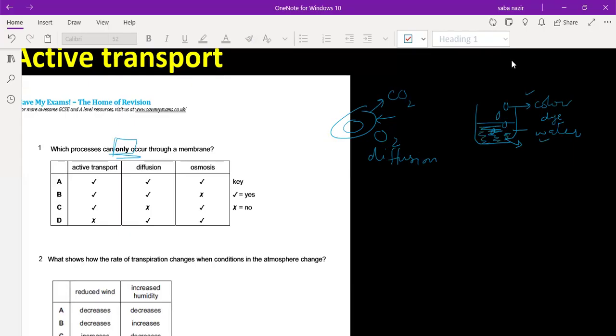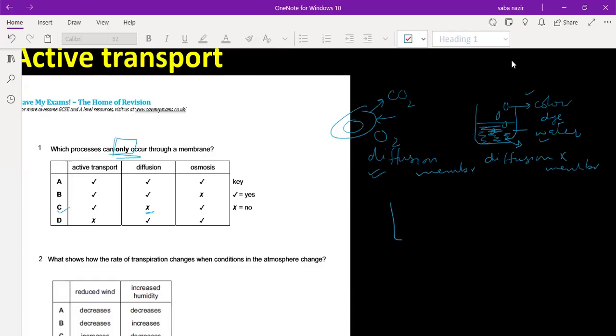This is an example that diffusion is occurring without the membrane. In this case, membrane is not needed. Here, membrane is needed. So diffusion is one of the processes that may not occur without membrane, while the other two processes definitely require membrane.